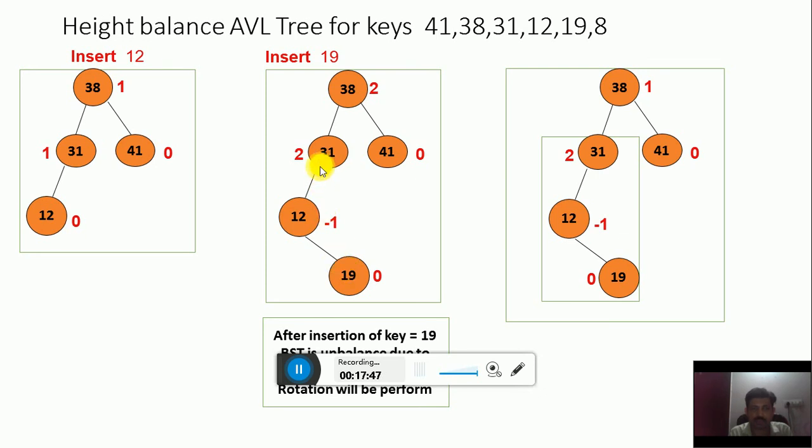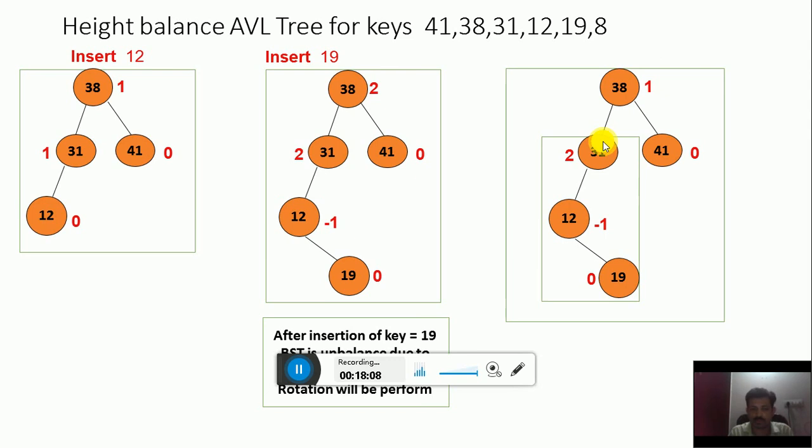Because we have computed the balance factor, we have to resolve it for node number 31. This is our left right rotation, so we have to balance it, and the result of this balanced tree we will put on the left side of node 38.